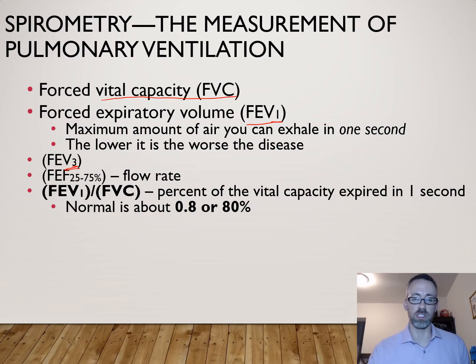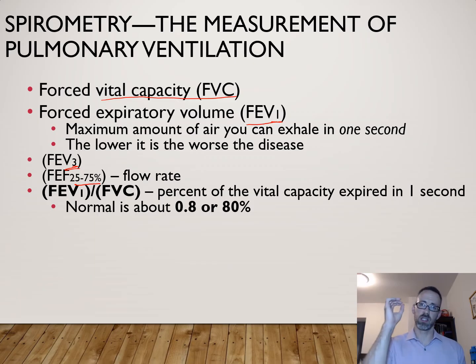The FEF is the forced expiratory flow. It says 25 to 75%. What that means is really, I'm going to show you on the graph on the next slide, but we can actually graph out the flow. Okay, just like we saw with the spirometry readings, we mapped out tidal volumes and vital capacities and so on. So we can see the flow when the person's using the spirometer.